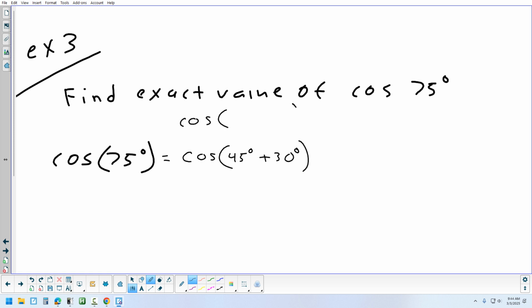Yep. And if you're stuck, you're like, well, how would you do that as a difference? Well, there's different ways you could do it. No, actually, you tell me. What could you do if you wanted to write 75 as a difference?